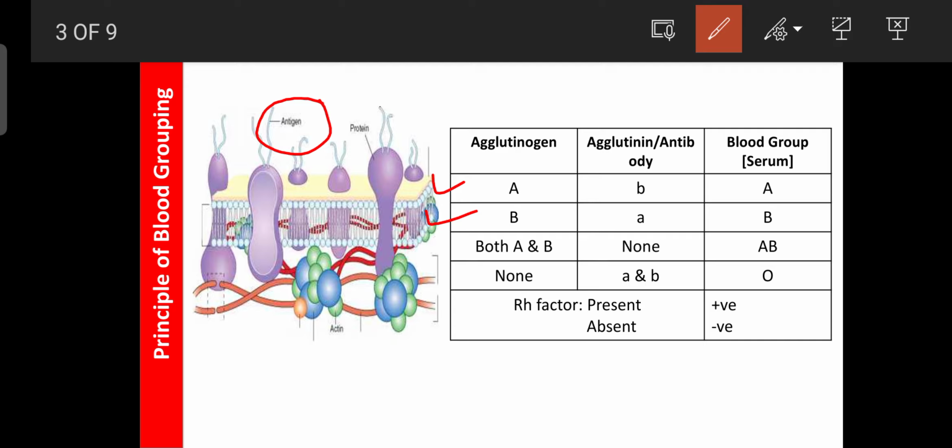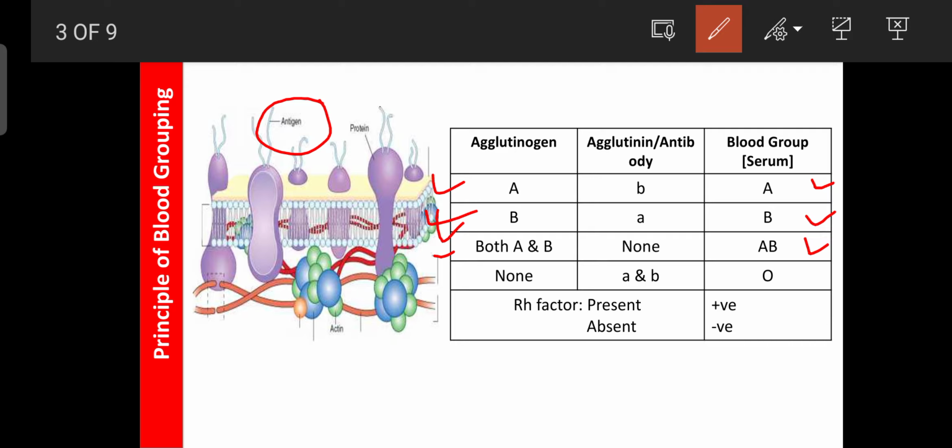Dear students, the antigens are also known as agglutinogens. If the RBC has antigen A, that blood group is A. If the RBC membrane has antigen B, that blood group is B. If the RBC contains both antigen A and B, that blood group is AB.